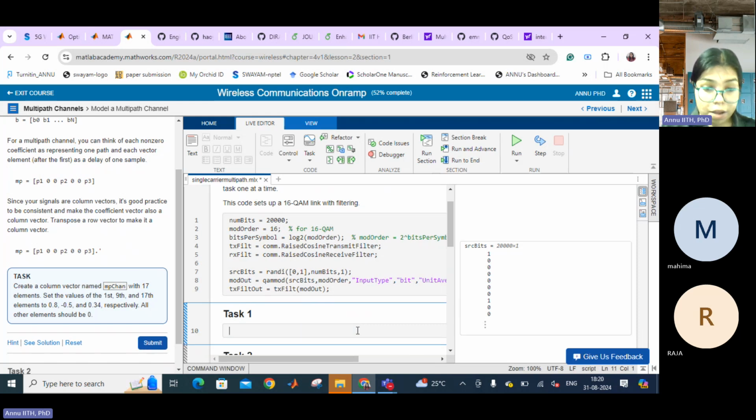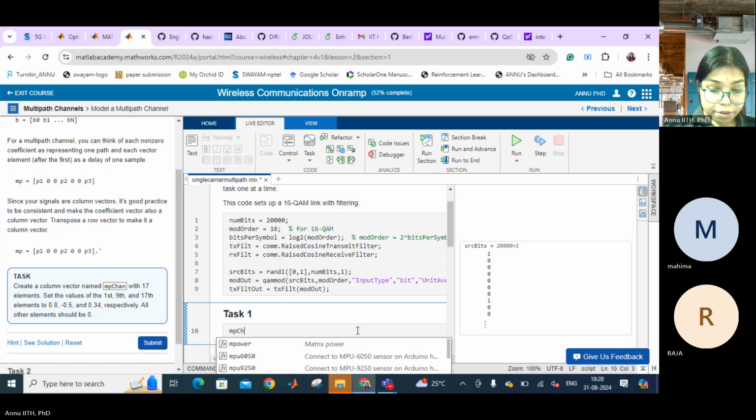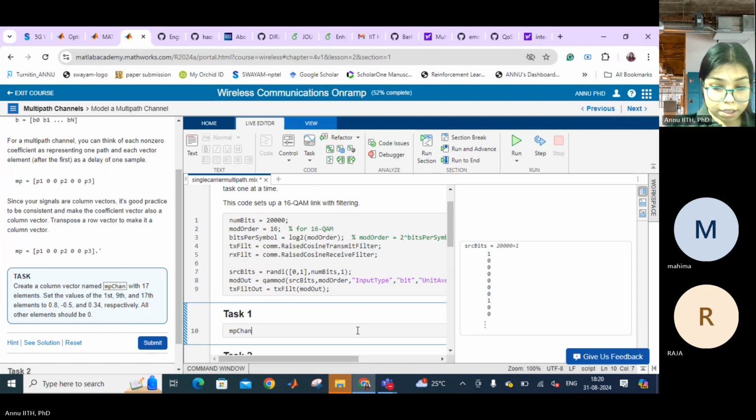Now, what was written here? The multipath channel is equal to a vector with the first value at 9 and then 17. So 0.8, 0, 0, 0. In MATLAB, you can use a comma or you can use a space. The next value is at the ninth position.